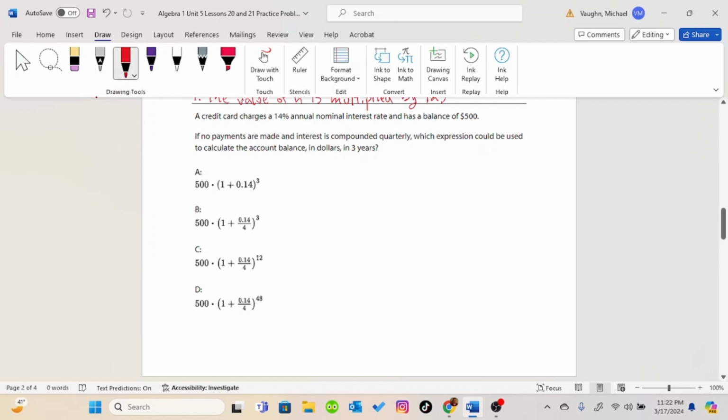A compounds annually, so that cannot be correct.